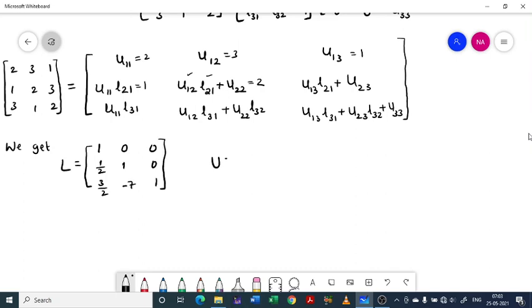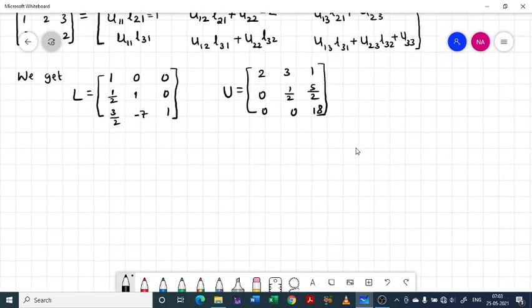And U equal to 2, 3, 1, 0, 1 by 2, 5 by 2, 0, 0, 18. So this is U and L.